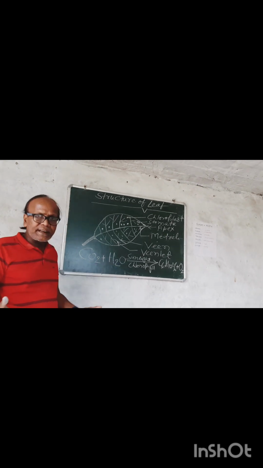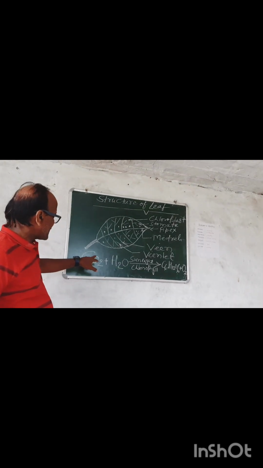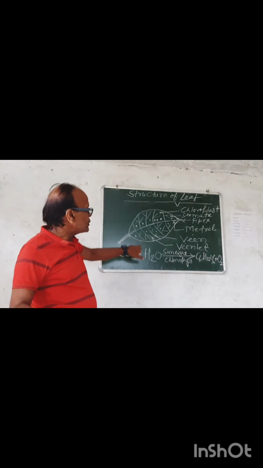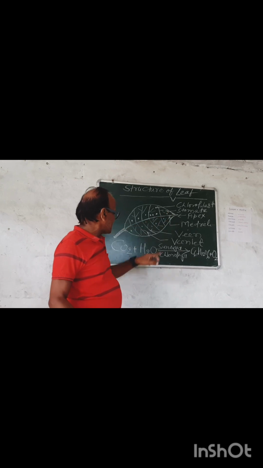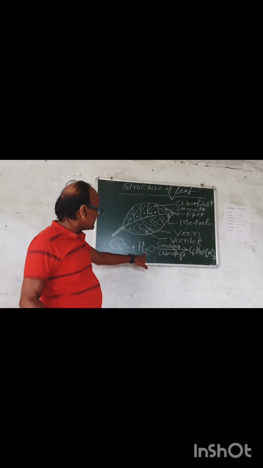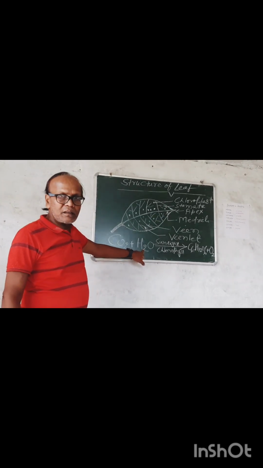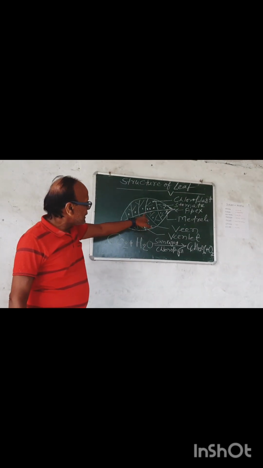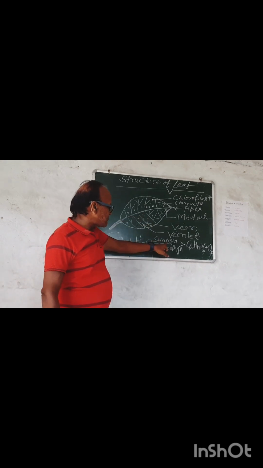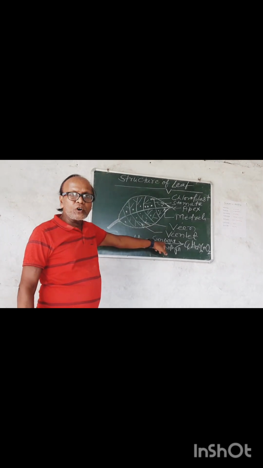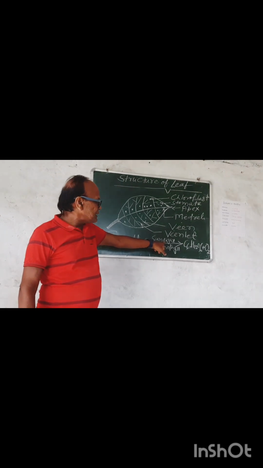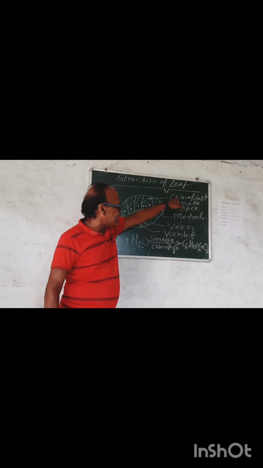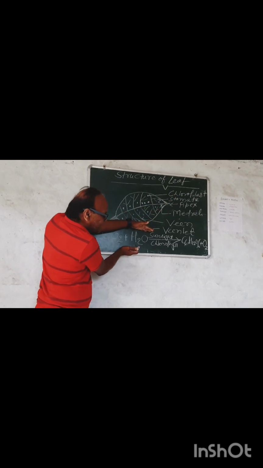So what do you find here? Once the leaf gets CO2 from the atmosphere through the stomata, and water from the soil, which is absorbed by the root and sent to the leaf, and in the presence of sunlight, where photon particles are trapped by chlorophyll present in the chloroplast, then the reaction starts.